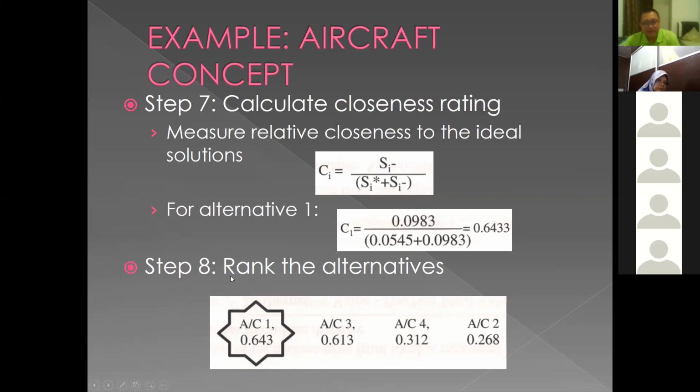If you calculate each of the alternatives, C1, C2, C3, C4, you will arrive at this, where you can see that aircraft number 1 is the highest, followed by aircraft number 3, then aircraft number 4, and the last one is aircraft number 2.